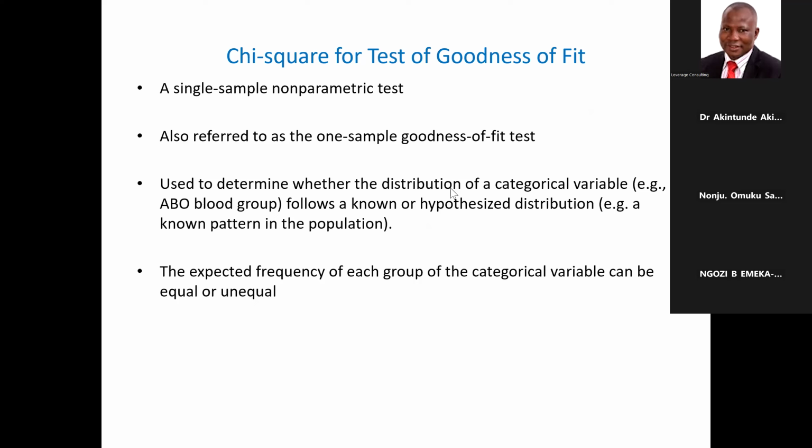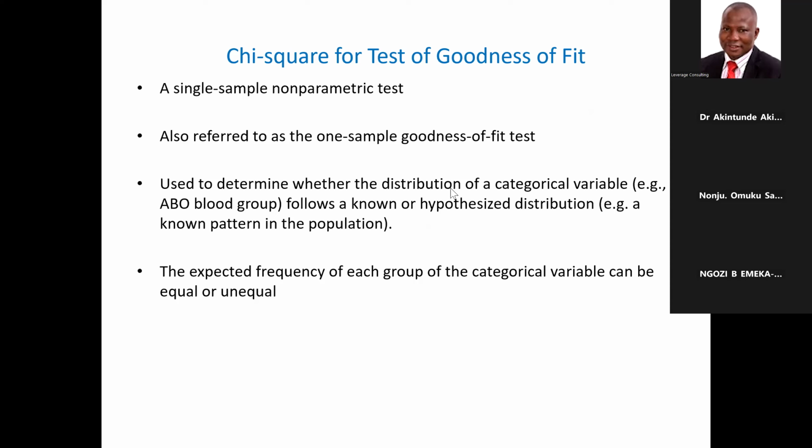Maybe 20% of the population is A, maybe 15 is B, maybe another 15 or 18 is AB. Then we know that O is actually the highest, maybe 40 something, close to 50, sometimes half of the population. So maybe that is what is known.